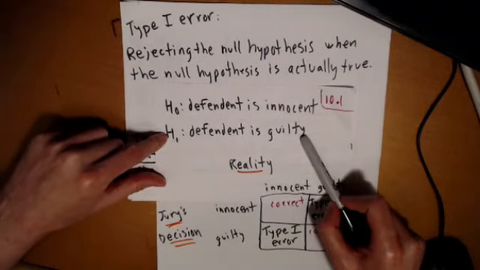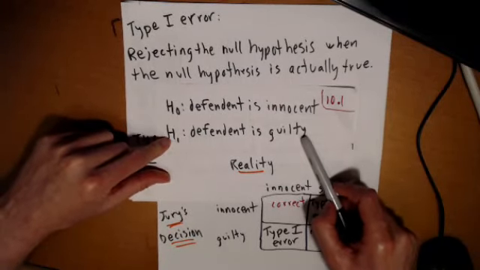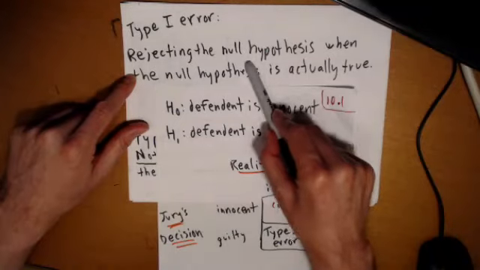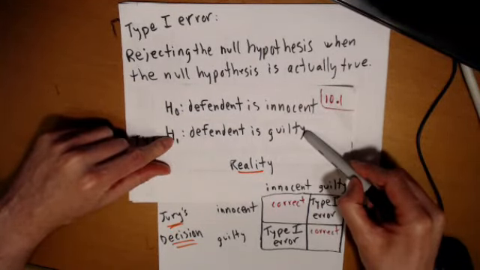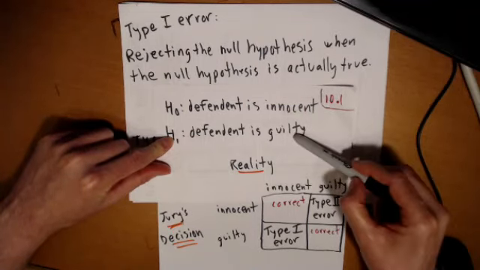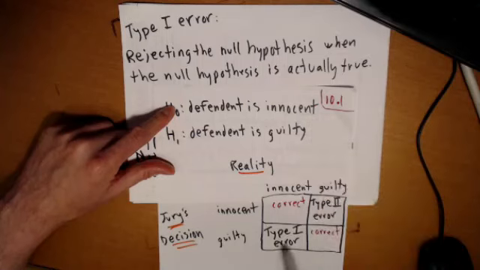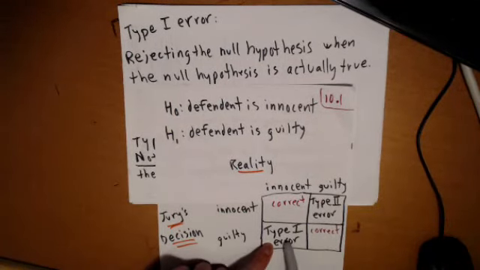Either you set this up and they'll give you enough words so you can set it up correctly, or they'll straight up give it to you. So rejecting the null. So here's the null. If you reject it, you're saying someone's guilty when the null is actually true. So you're saying someone's guilty even though they're innocent. Aha. So the jury says they're guilty even though in reality they're innocent. That's a type 1 error.